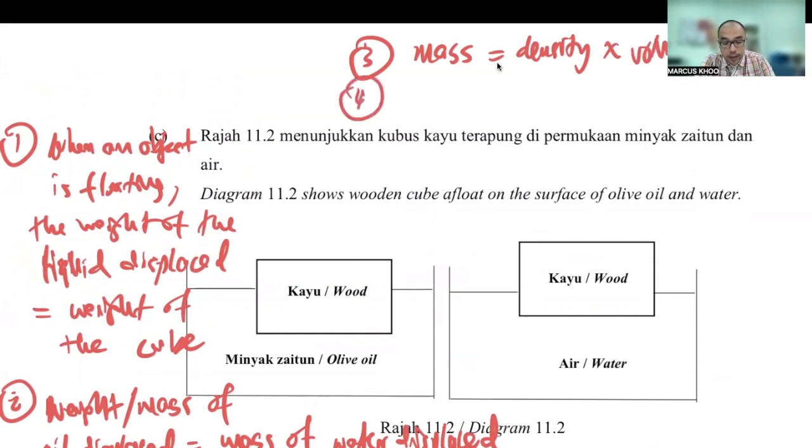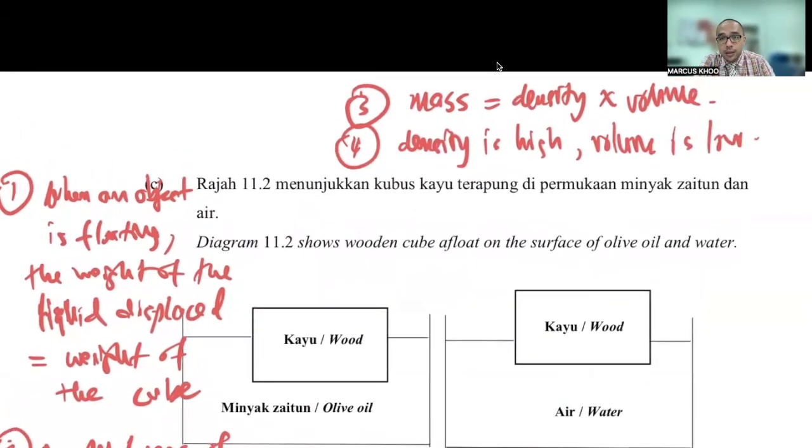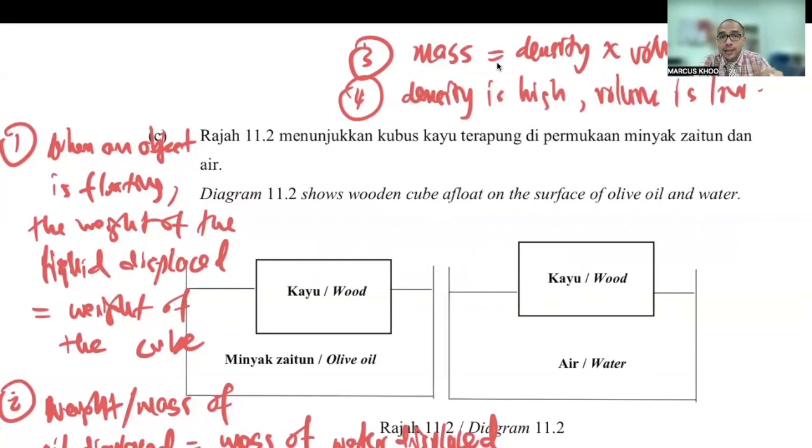So number 4, since the mass is the same, when the density of the water is high, the volume of water displaced is low, and so that's why the wooden cube floats on water.